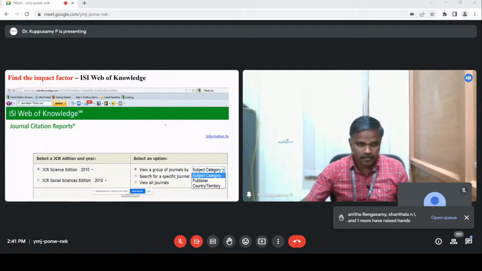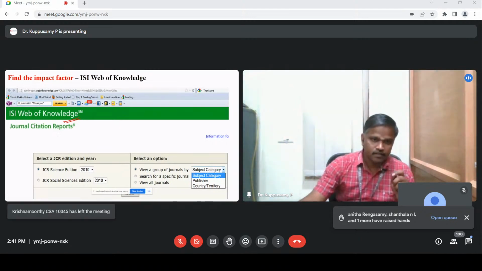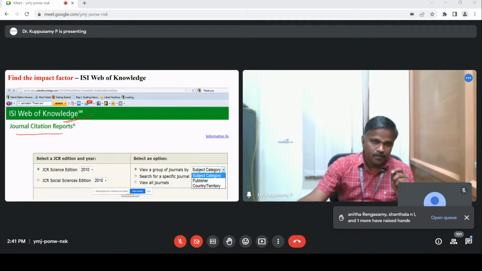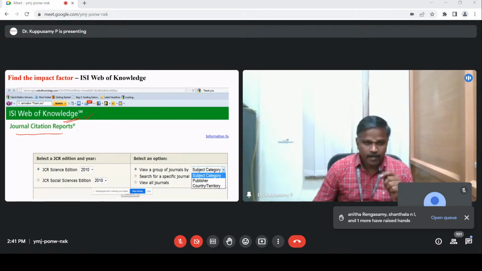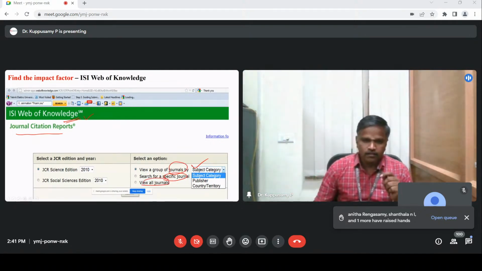Another website is ISI Web of Knowledge. Previously we have seen Clarivate. This is another web page which gives you the same kind of ranking of the journals. Here we are using the option to select the journals, or search for specific journals, or view all the journals.